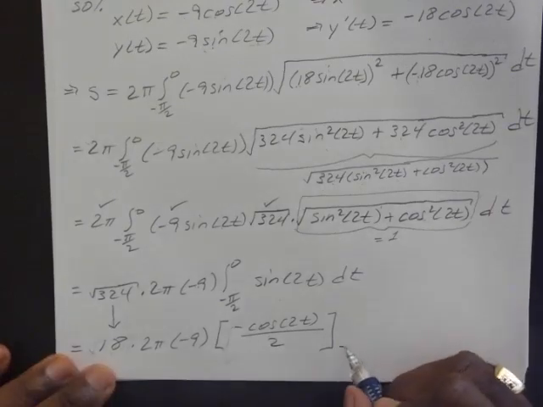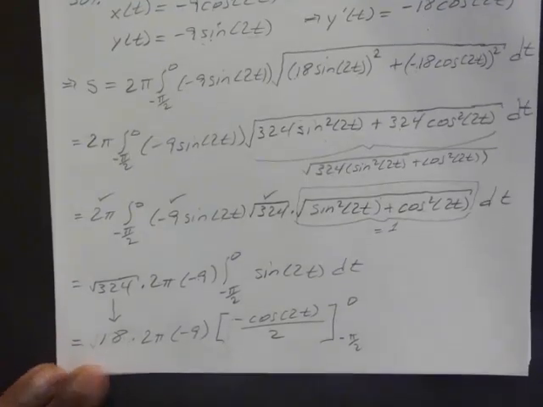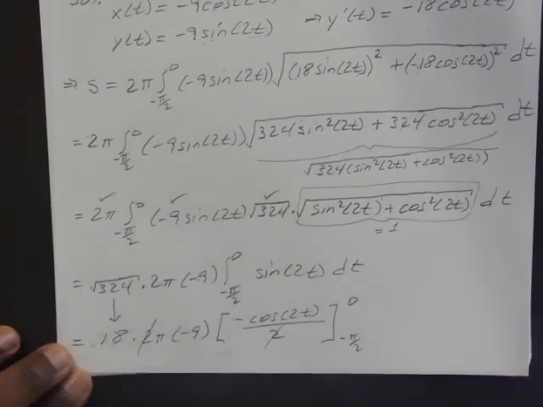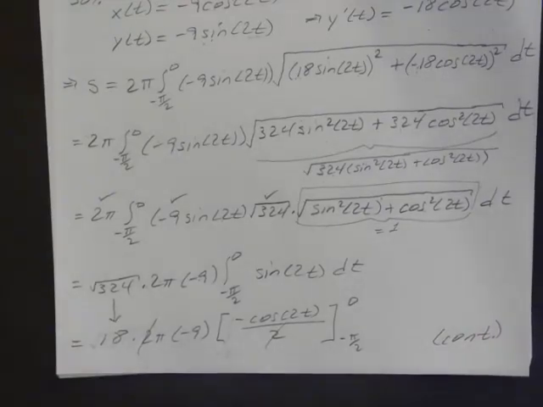And that's from negative pi over 2 to 0. Okay. So again, the only reason I didn't combine these two is because I knew that this 2 and this 2 would cancel out. But normally I probably would have combined them in the end, just simplify that product.